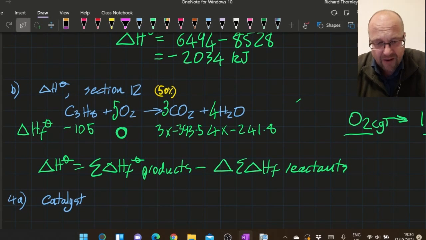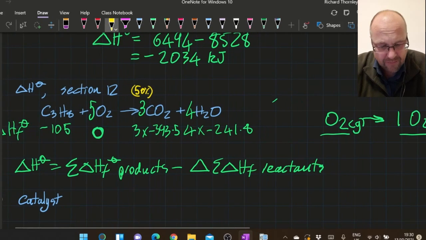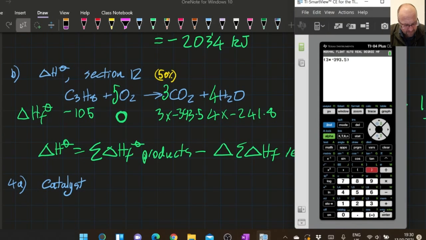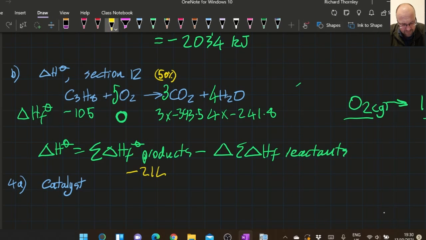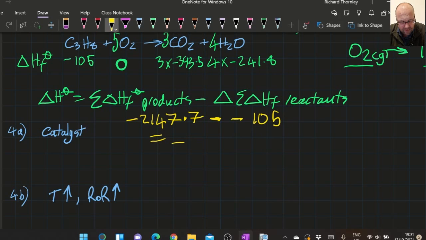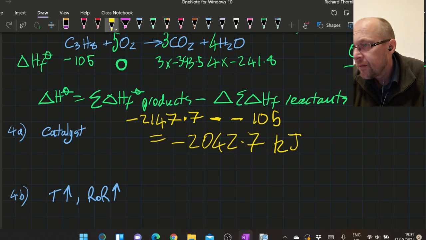All right, let's take those values and put them into that equation. Right.